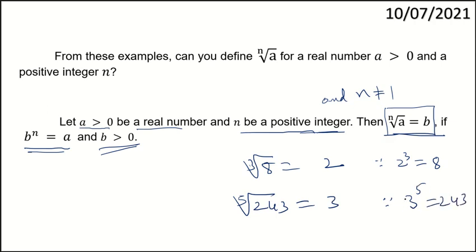Here this 3 should also be positive. We already have the condition that 243 is a positive real number and the index is a positive integer, so whatever result I get should also be positive. That is the condition.